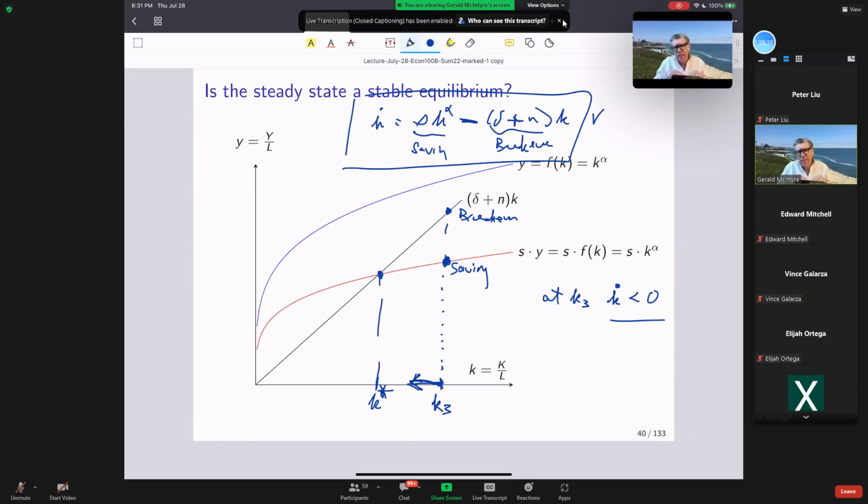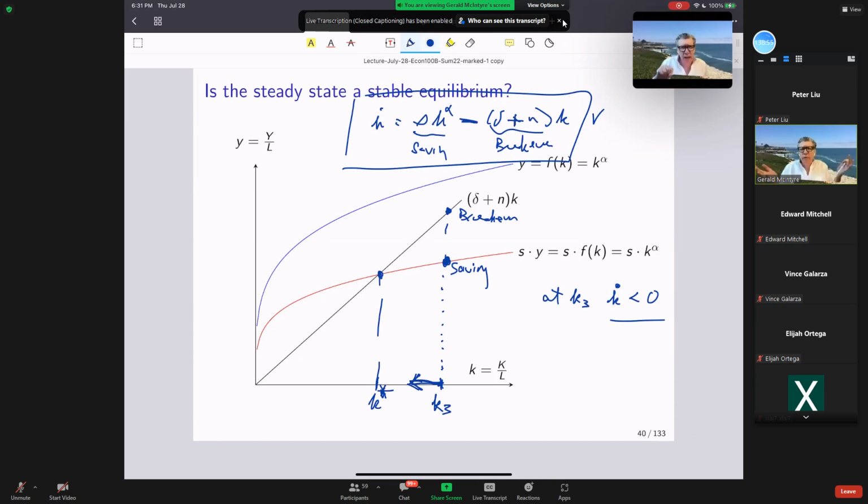And if they come in and get a lower level of capital than everybody else, then the average capital stock will fall, because the incumbent workers that already exist will have K3, but you didn't save enough for the new ones coming in, and they'll have a smaller amount of capital, smaller than K3.